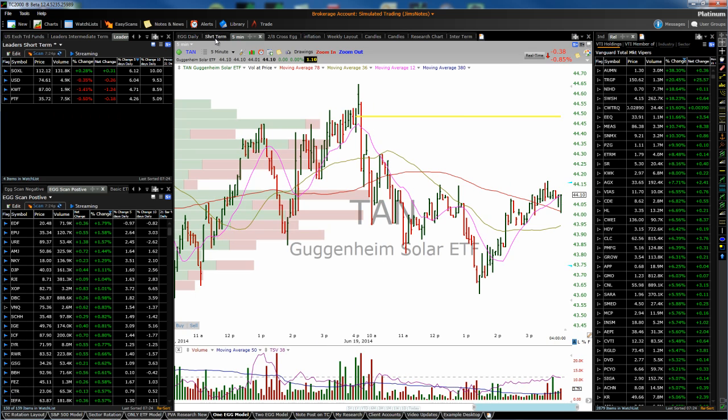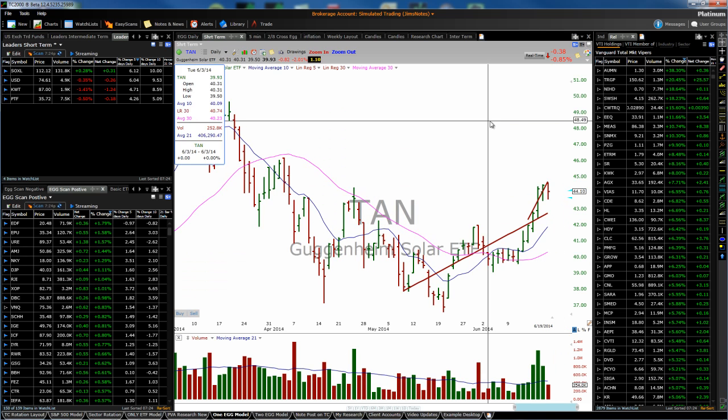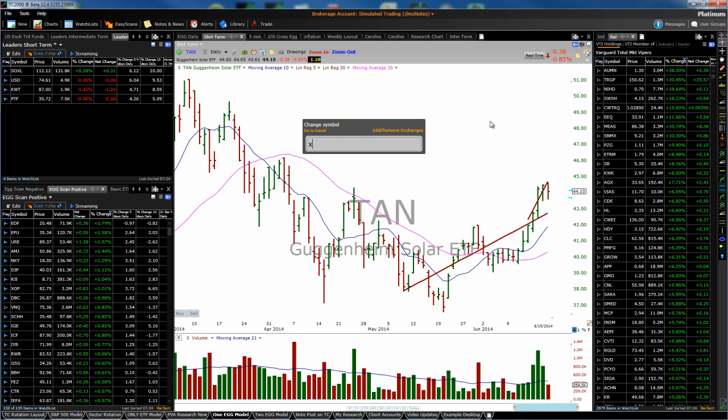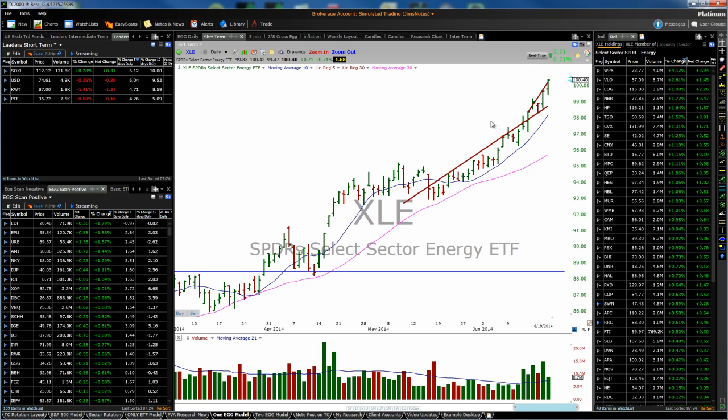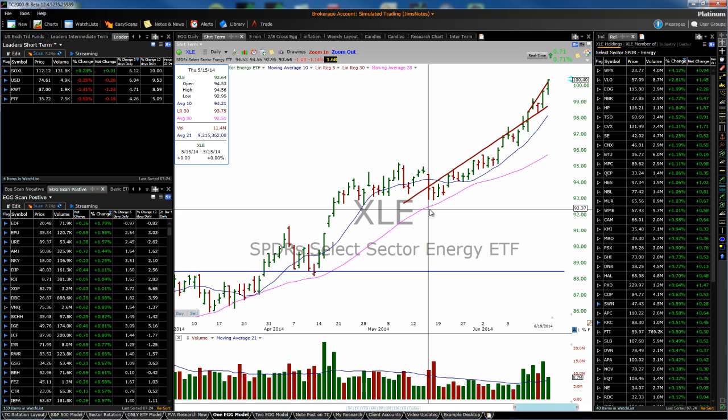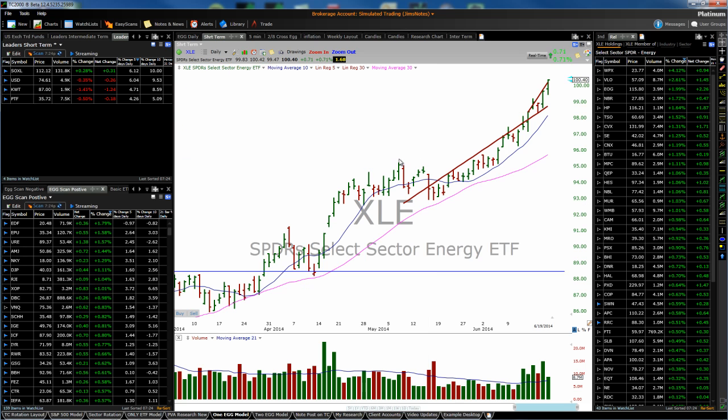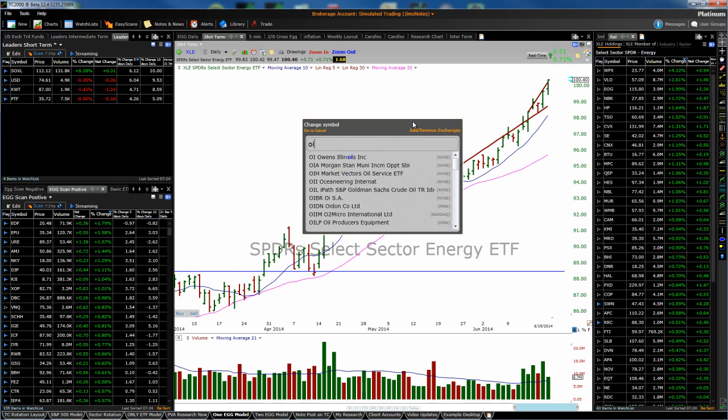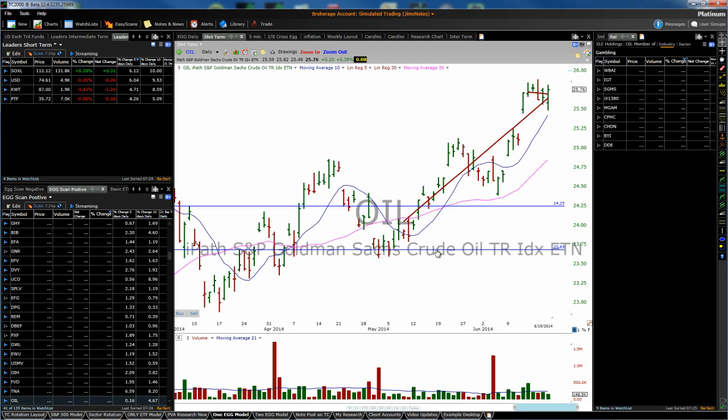So let's go back to a daily chart here and put up XLE. We break out of energy back here on the 15th of May, which was a low. We break out of this consolidation, a continuation of the previous uptrend. Energy's driving. What's driving energy? The most logical thing that was driving energy is oil prices.